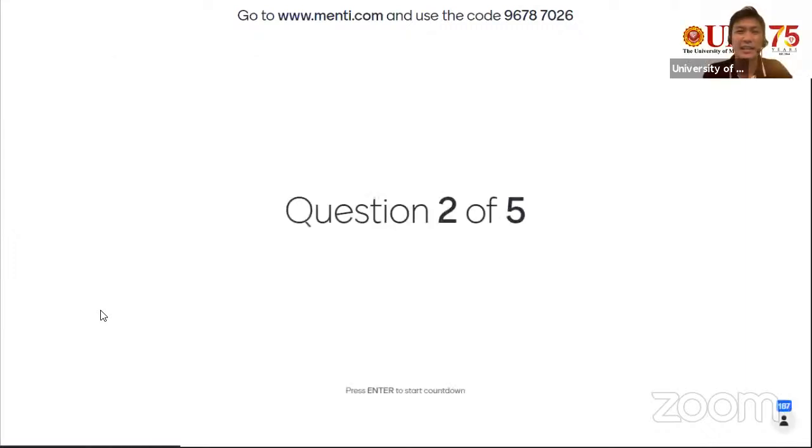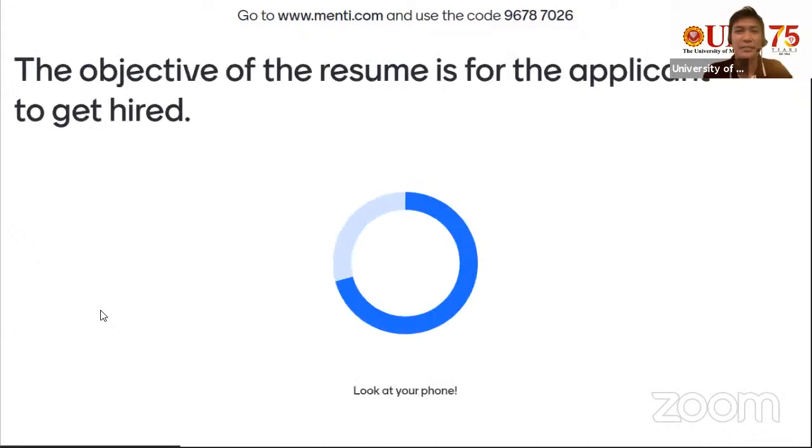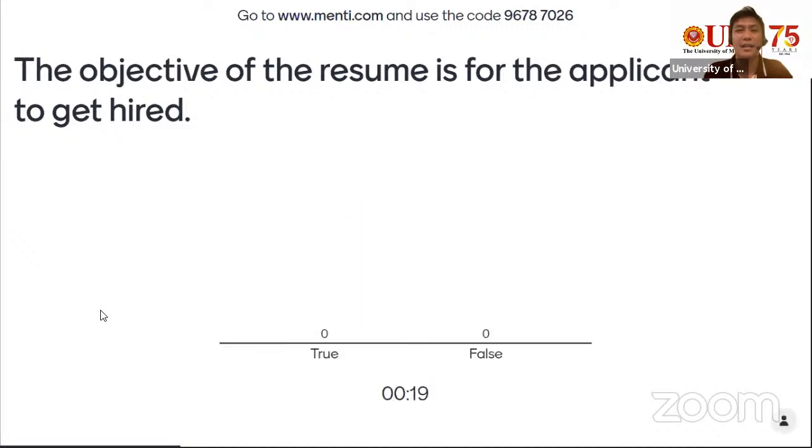Let's see if John Dexter is still number 1 later. Question 2 of 5. Answer fast to get more points. Here's the question: the objective of the resume is for the applicant to get hired. Is this true or false?